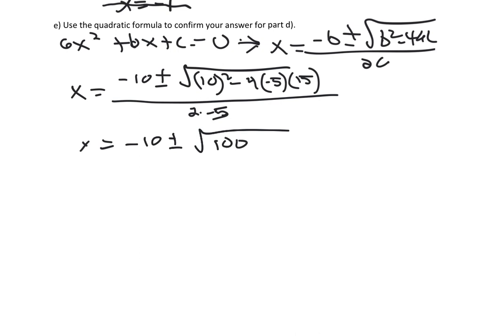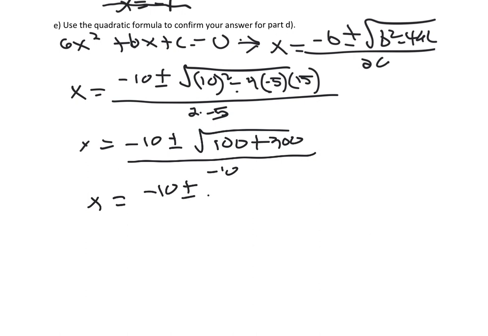And then because we have a -4 and a -5, that's going to give us a negative times a negative, or positive 20, and then times 15. So we end up with a plus 300 under here, all over 2 times -5, or -10. So that's going to end up giving us that x is equal to -10 plus or minus the square root of 100 plus 300, which is 400.